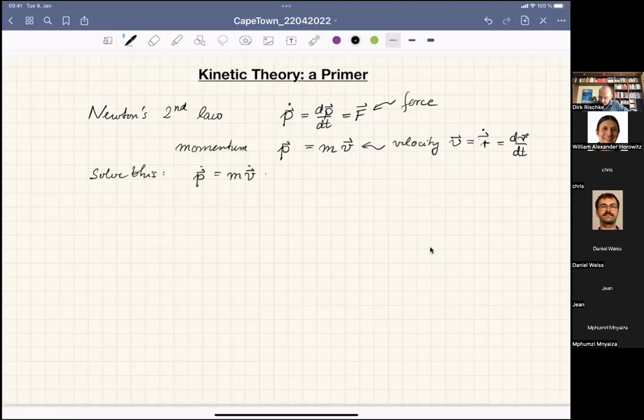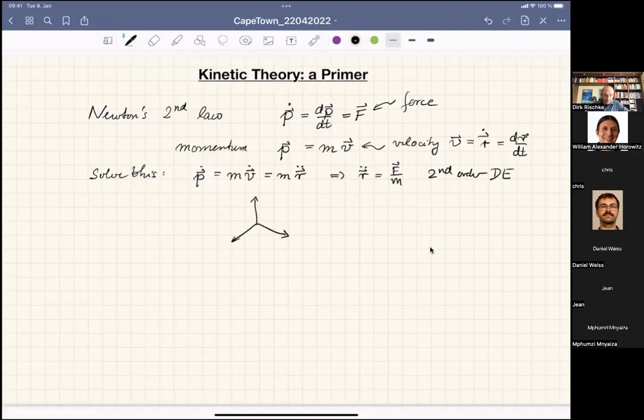Then v dot by definition is r double dot, and this is then F. So you solve an ordinary second order differential equation of this form. If the force is given, you know the mass, you just solve this second order differential equation. And the solution is the trajectory of the particle in coordinate space.